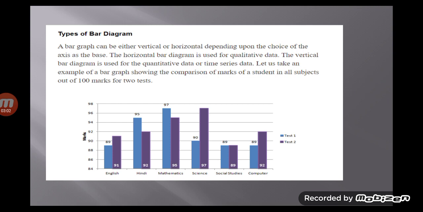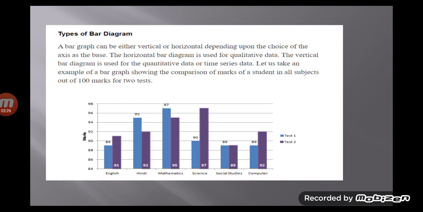Here there are 2 colors of bar. To compare the 2 tests, I have chosen 2 different colors to identify test 1 and test 2. Blue color represents test 1 and violet color represents test 2. While we see this image itself, we can understand.